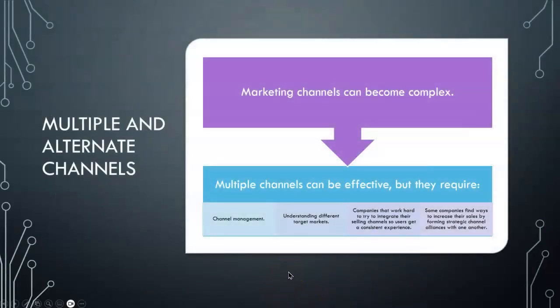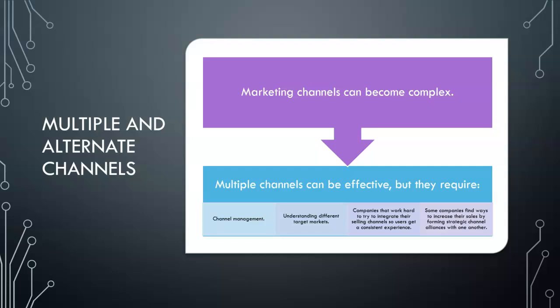Multiple and alternate channels. Marketing channels can become complex. Multiple channels can be effective, but they require channel management, understanding different target markets. Companies work hard to try to integrate their selling channels so users get a consistent experience. Some companies find ways to increase their sales by forming strategic channel alliances with one another.